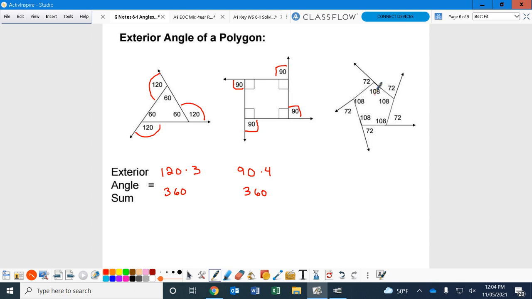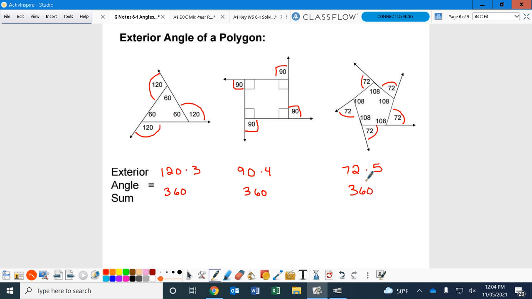And then on this pentagon, each one of the exterior angles is going to be 72. And 72 times 5 is going to be 360 again. Guys, y'all seeing a pattern here? No matter how many sides it has, doesn't make any difference.